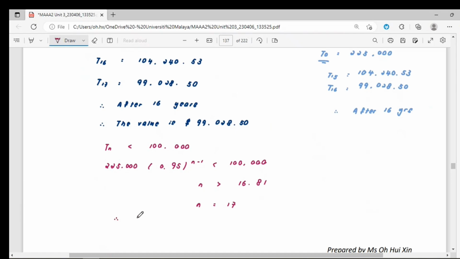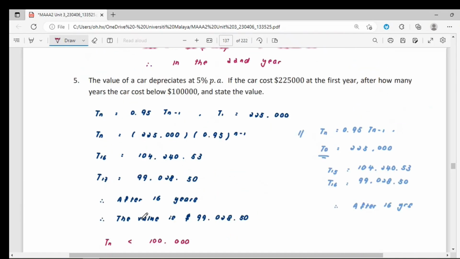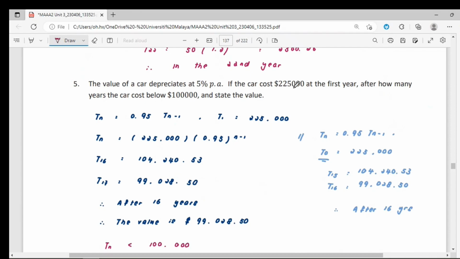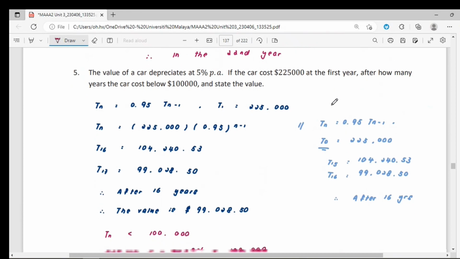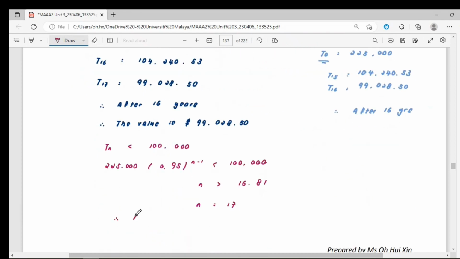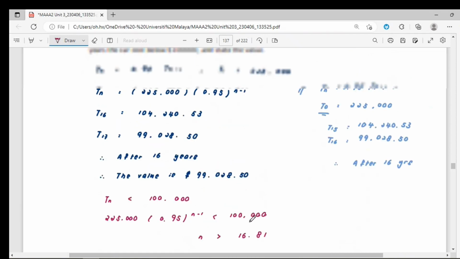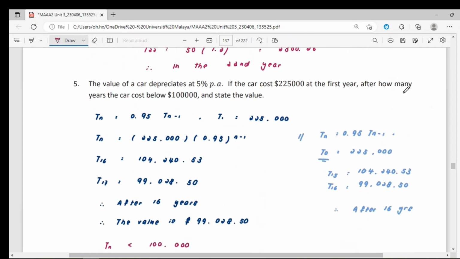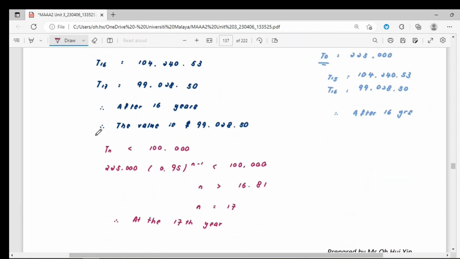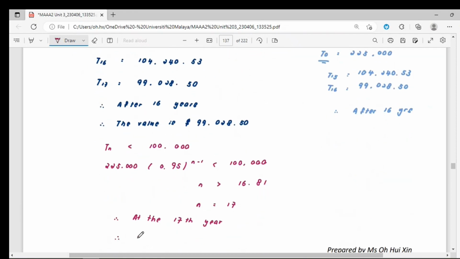The 17 here means, because we put our 225,000 as T1, the value at the first year, that when you get 17 it only tells us this is at the 17th year. But the question actually asks after how many years. So at the 17th year, it means after 16 years.